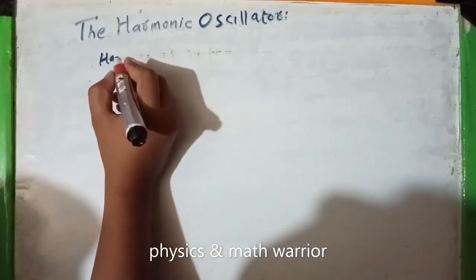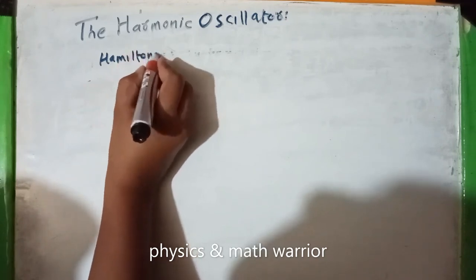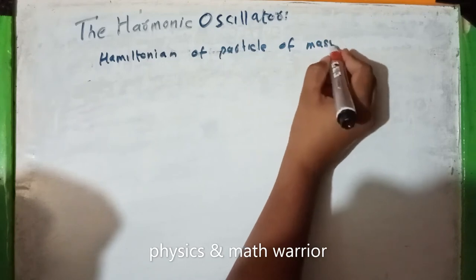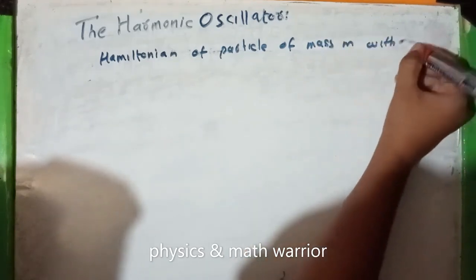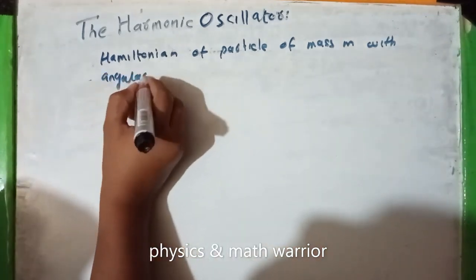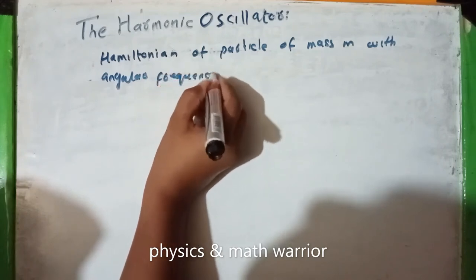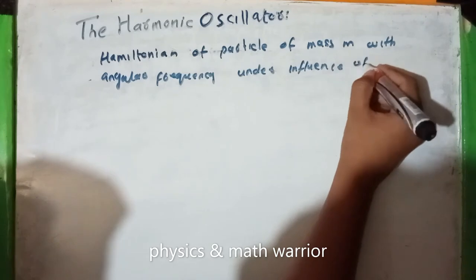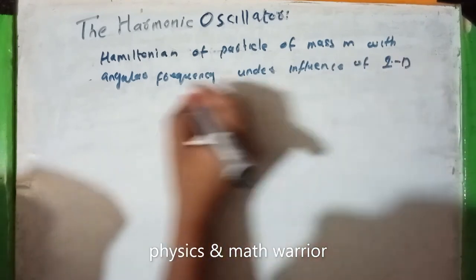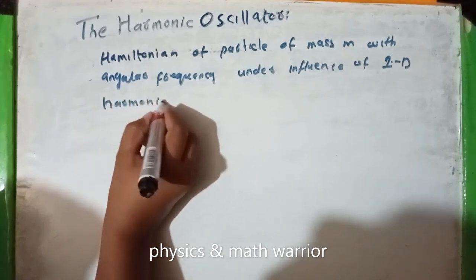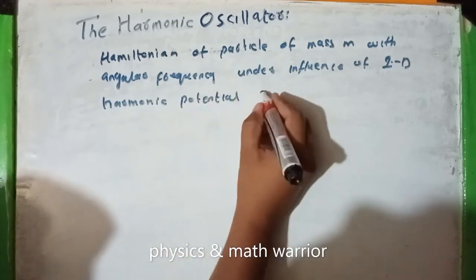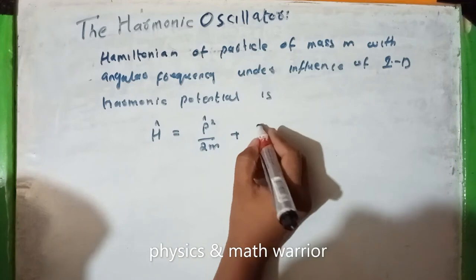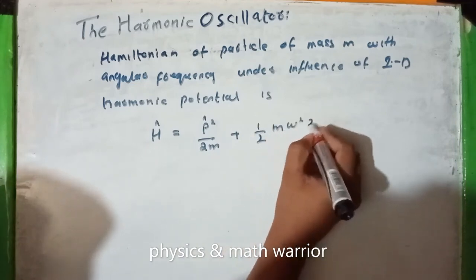First of all, the Hamiltonian of a particle of mass m with angular frequency omega under the influence of a one-dimensional harmonic potential is H is equal to p squared over 2m plus 1 by 2 m omega squared x squared.